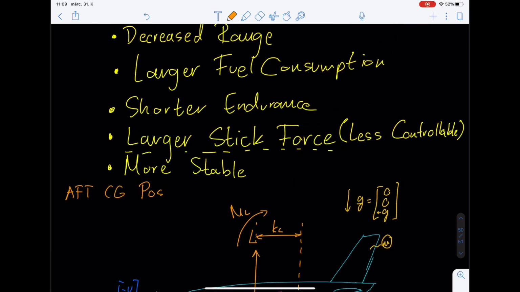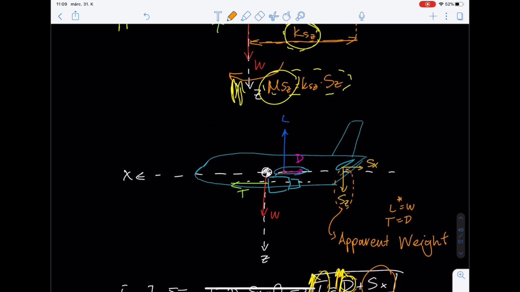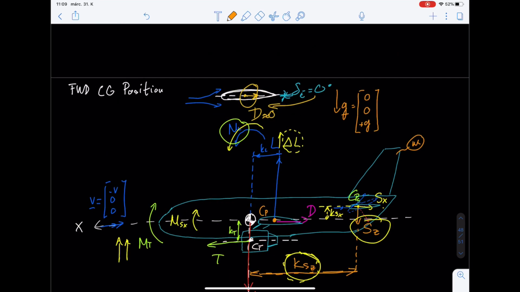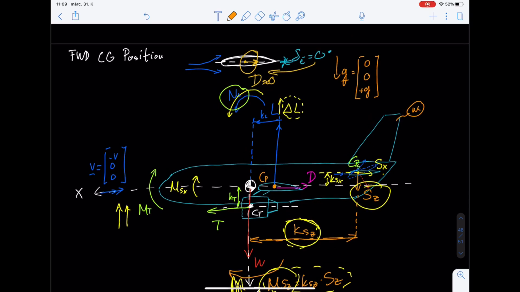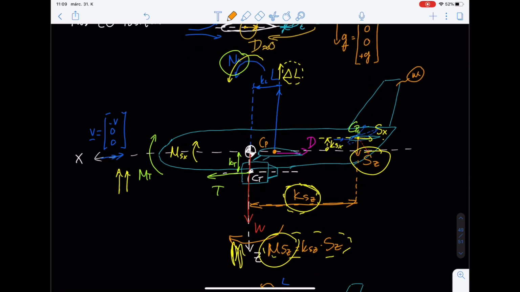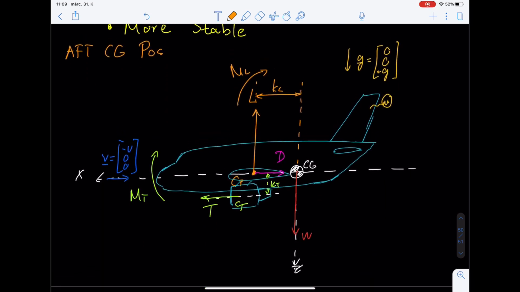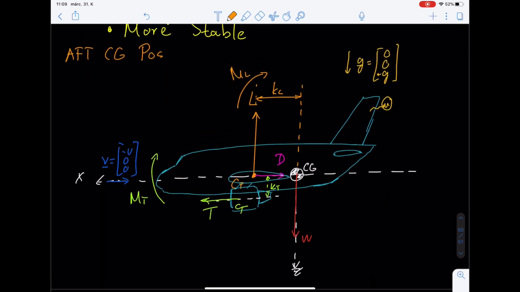In the previous case, as you remember, the lift was generating a pitch down moment, right? So you can see here the lift was definitely generating a pitch down moment around the center of gravity, and now it's going to generate a pitch up moment.